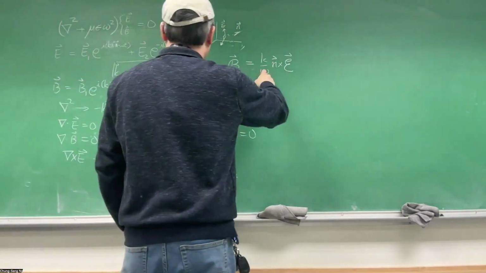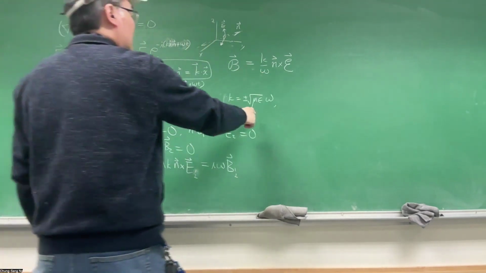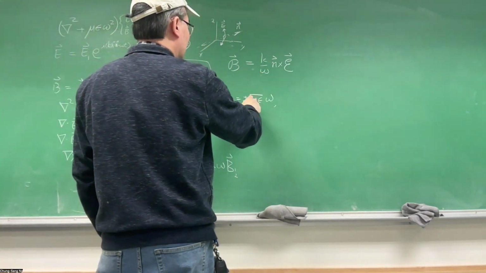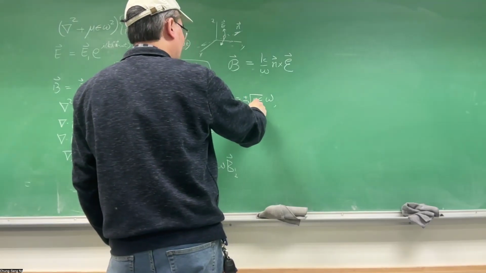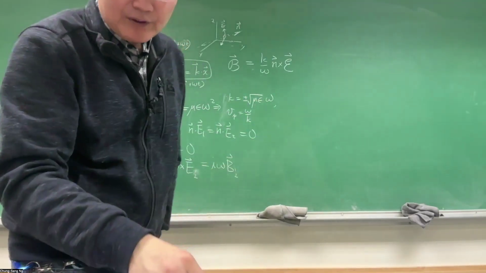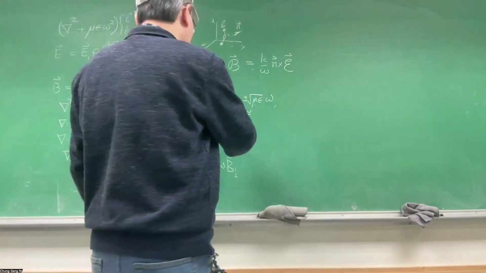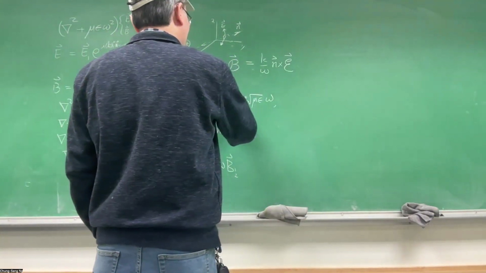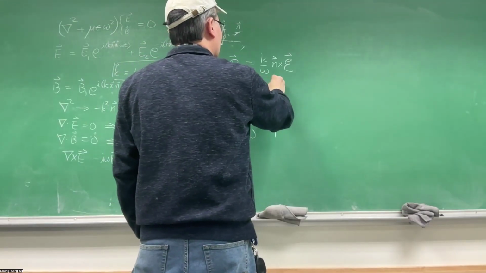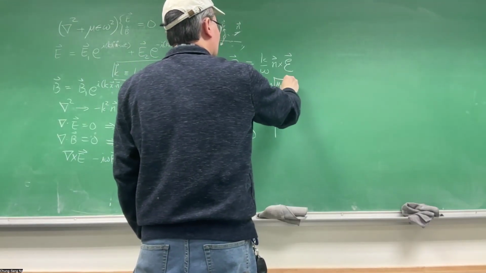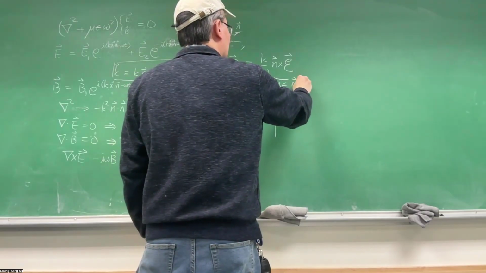And this k over omega, we already worked that out. k over omega is this plus or minus square root of mu epsilon. If you absorb this already in k, that becomes cross.